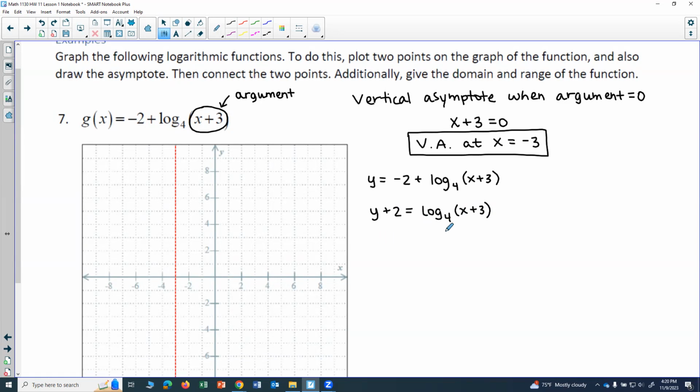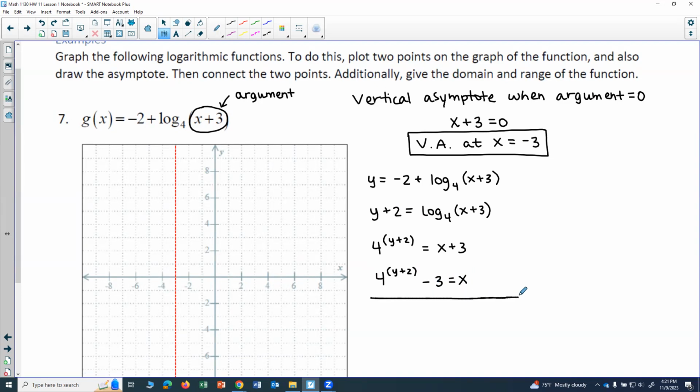And I'll change that to exponential form. So that becomes 4 to the (y plus 2) equals x plus 3. And I'll take it one step further: 4 to the (y plus 2), that whole expression, minus 3 is equal to x.